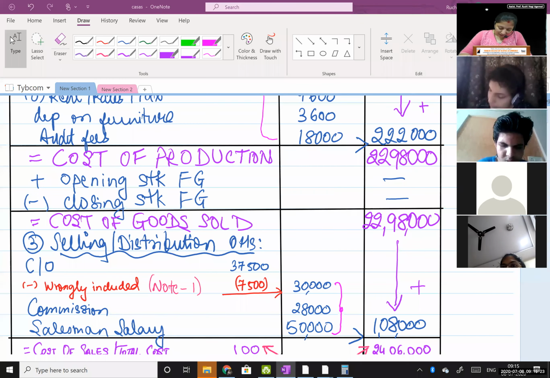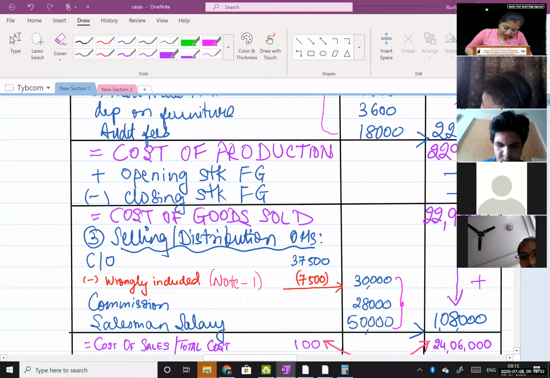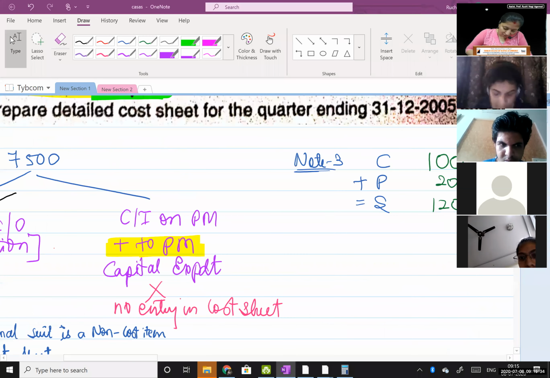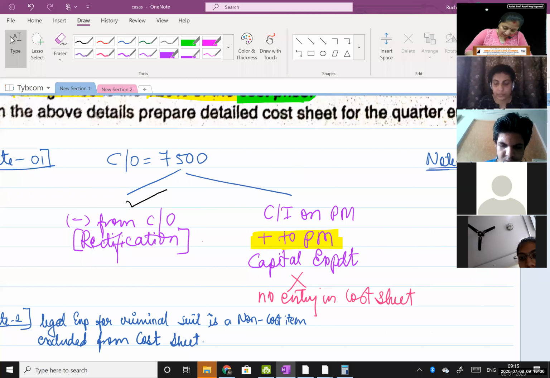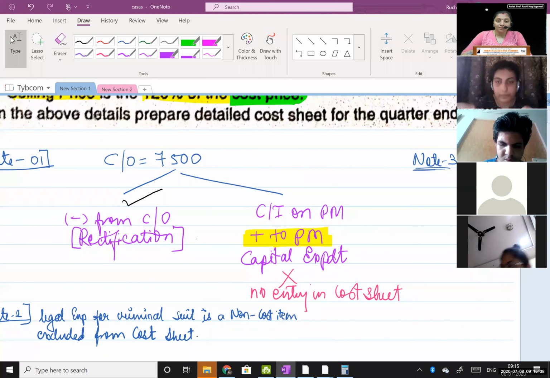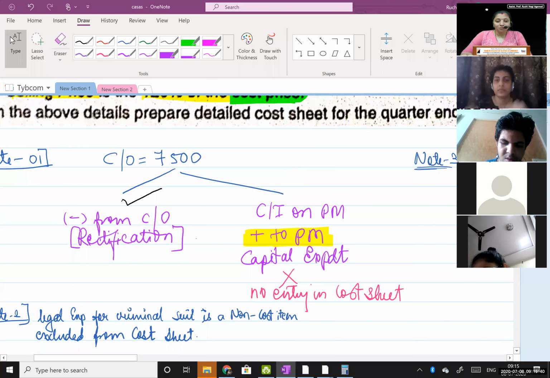Selling and distribution: there are three items. First, carriage outward, and it had an adjustment, note number 1. Let us go back to that note so that you remember what we had done. 7,500 was wrongly included, so we rectified it.